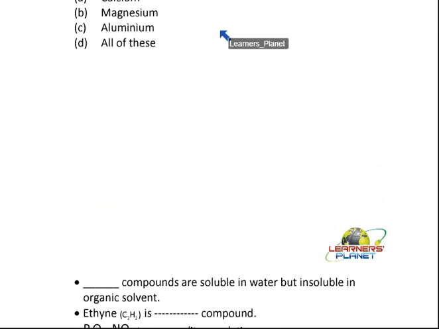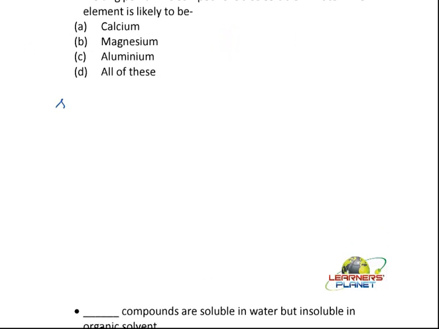Let's take an element X. It is reacting with oxygen and forming an oxide. Now what is the property of this oxide? That this oxide has a very high melting point.